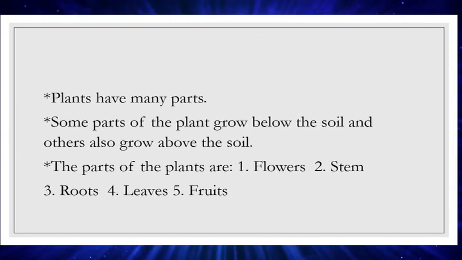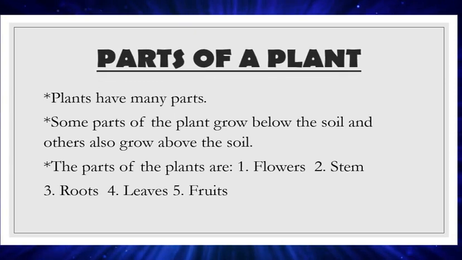Are we clear? I hope you understood what we just learned. Now, plants have many parts. Let's look at the parts of a plant. Some parts of the plant grow below the soil, meaning they go under the soil.